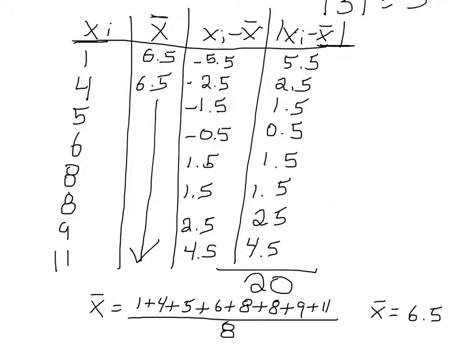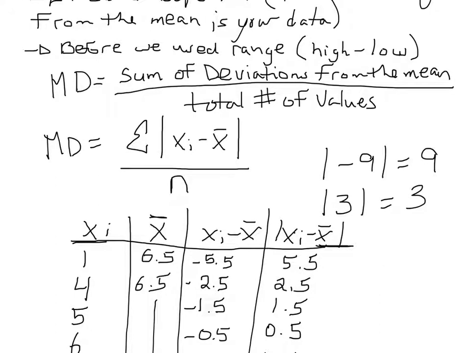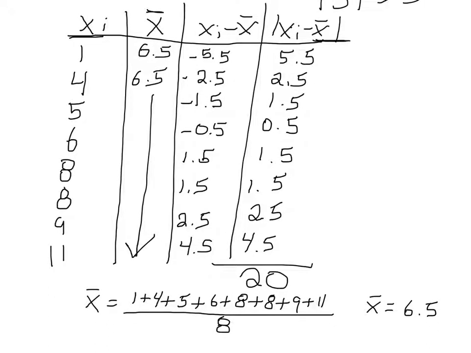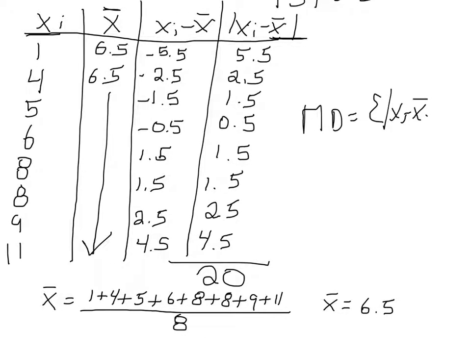And then again, we're going to look back at our formula. We had to add up all of our deviations from the mean, and then we divide by the total number of values. So mean deviation, MD, is going to equal the sum of xi minus x bar, all divided by total number.